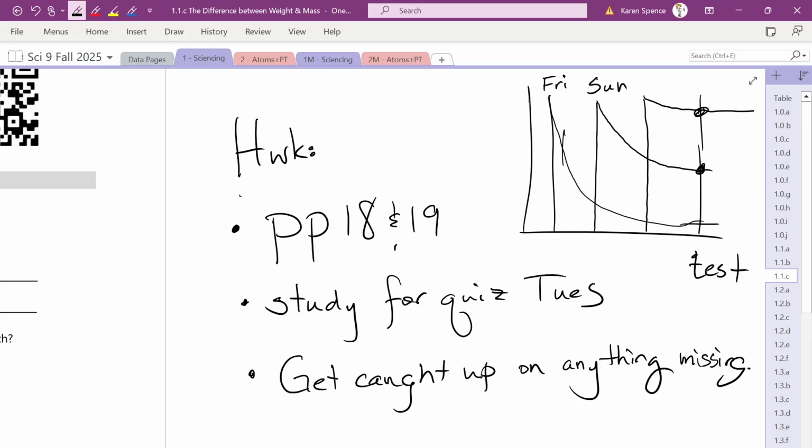Control variable. Data. Energy. Experiment. Experimental group. Fair test. Force.